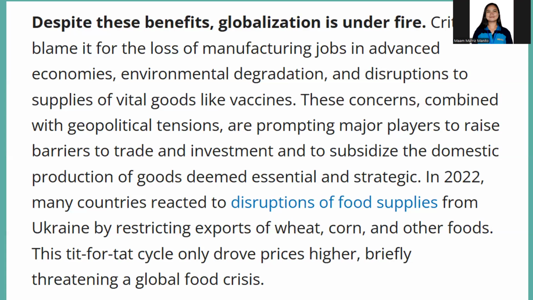When the conflict started in Ukraine, we felt it even here in the Philippines: the price of our gasoline, our oil industry, changed because of that. It was also reported here in our local news. So with all of those reasons, there's also a backfire with trade, or disadvantages with trade.